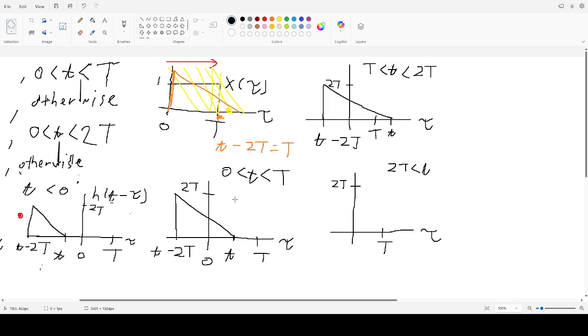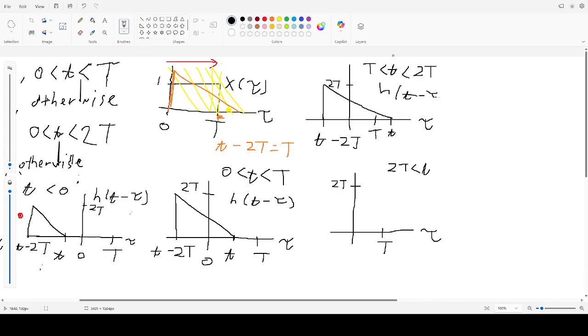Those are h of t minus taus. Oh, go back to my brush. This is an h of t minus tau, h of t minus tau. This is again going to be an h of t minus tau. So now little t is past big T, and little t minus 2 big T is past 0.